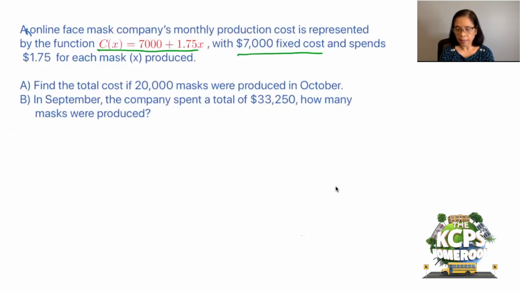The company also spends $1.75 for each mask that is produced. This is the variable cost, or the production cost per mask. We are asked to find the total cost if 20,000 masks were produced in October. So if 20,000 masks are produced, x equals 20,000.